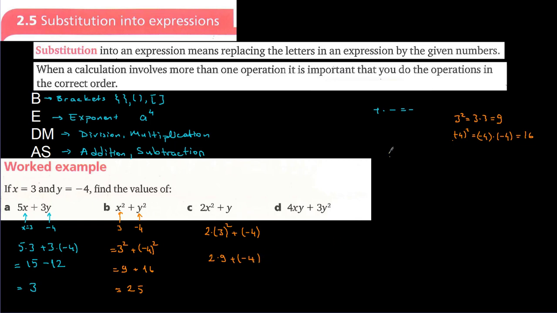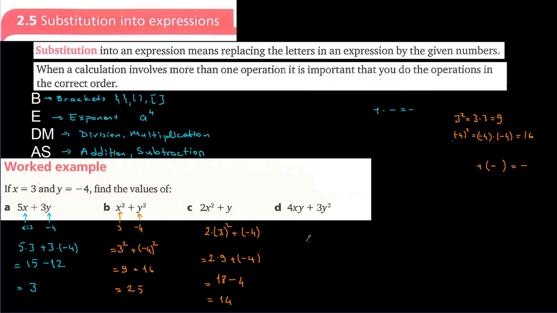Now here we have a plus and a minus sign, plus and minus in parentheses, so the answer is minus. 2 times 9 is equal to 18, then plus (-4), which is equal to 18 minus 4, that's equal to 14.